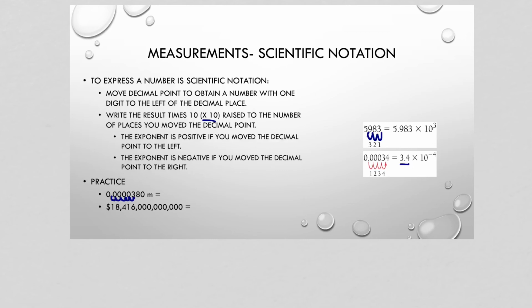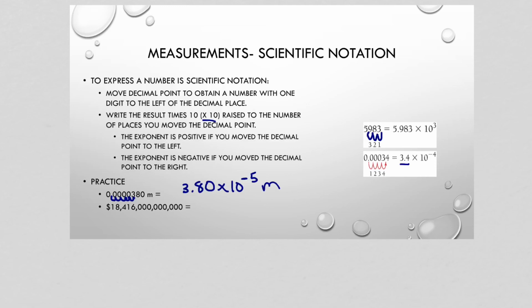We had to move it to the right, so that means our number is going to have a negative exponent. What we get here is 3.80. Notice I include all these numbers here, times 10 to the negative 5, and again that was 1, 2, 3, 4, 5 spots that we had to move it. So 3.80 times 10 to the negative 5th meters.